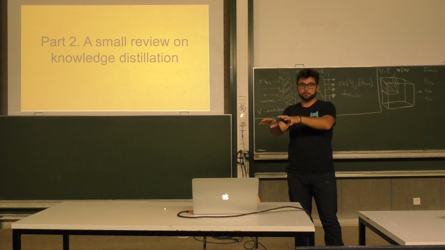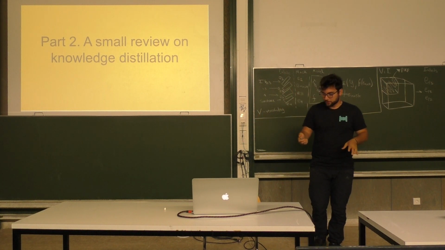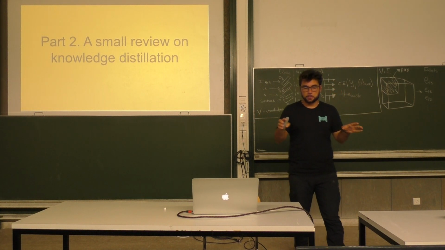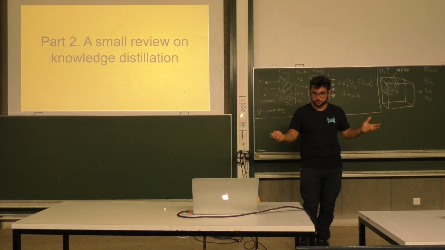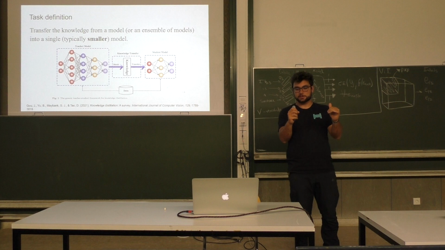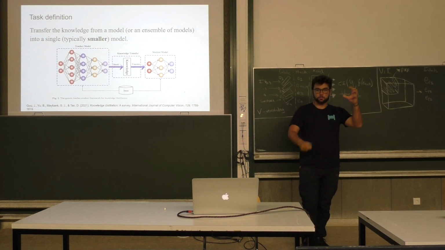Then we touched upon another topic, which is knowledge distillation. So this seems a completely different direction from the last lecture, and I can definitely understand why. So what is knowledge distillation? We have at least one model.